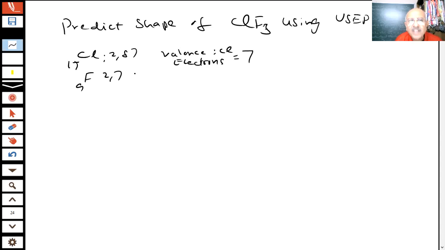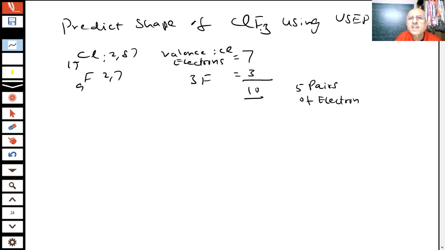Each fluorine is sharing only one electron. 7 plus 1 becomes 8. So 3 fluorines will give how many? 3 electrons. Total valence electrons 10. There are 5 pairs of electrons, students.